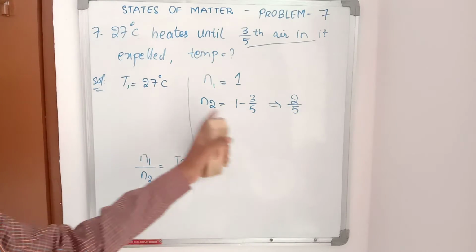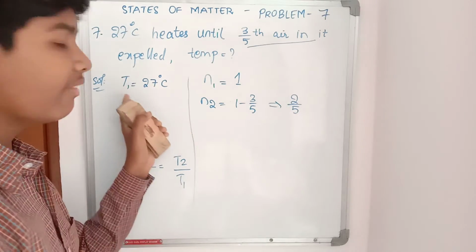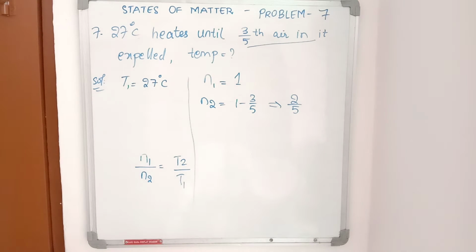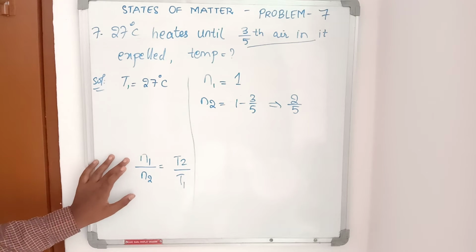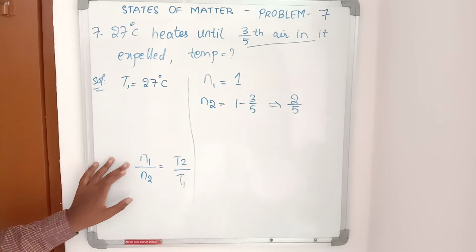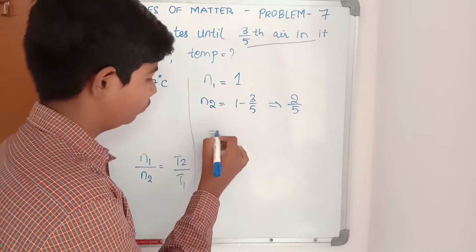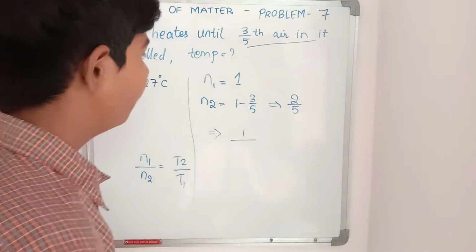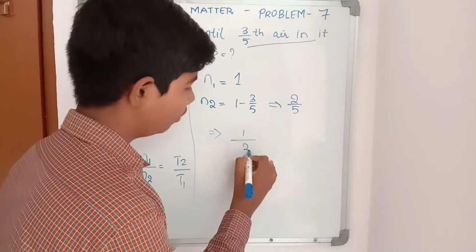Also given T1 is equal to 27 degrees Celsius. We have to find T2. The formula is n1 by n2 is equal to T2 by T1. The value of n1 is 1 and n2 is 2/5.